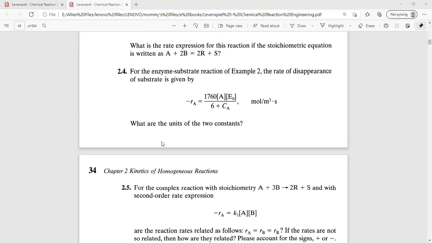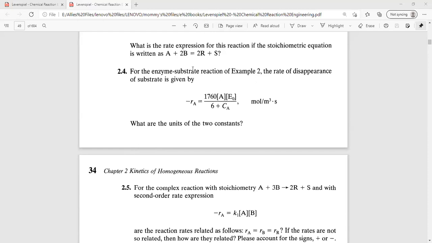For the enzyme substrate reaction of example 2, an example that is discussed before this set of problems, the rate of disappearance of substrate A is given as this. So this is the rate at which A disappears in your given enzyme substrate reaction. What do you think are the units of the two constants? I'd like to ask somebody here or anyone who could answer. You can raise your hand.